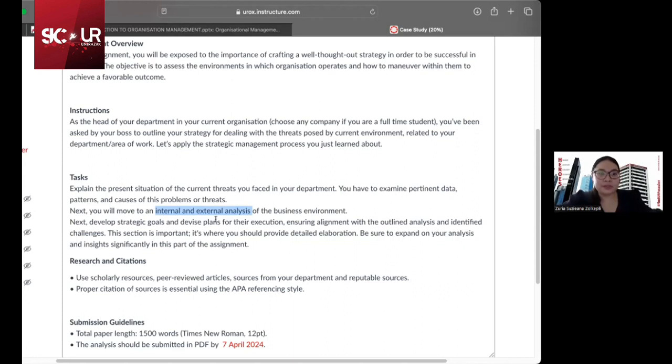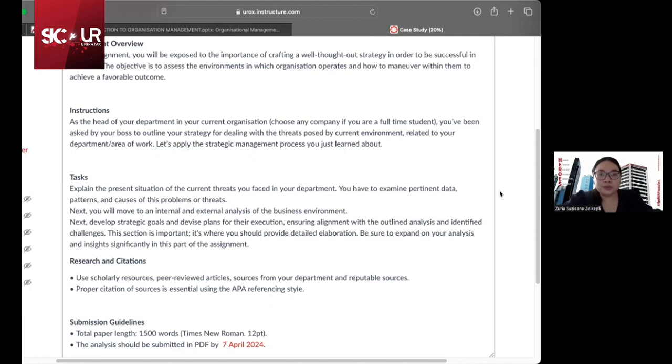Then, develop strategic goals and plans for execution. So the most important part here is the threats, okay, or challenges. So don't waste your time writing a lot on the SWOT analysis. You have to focus on the threats, right?